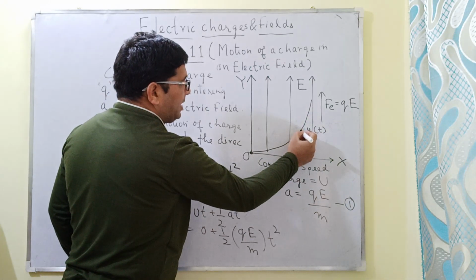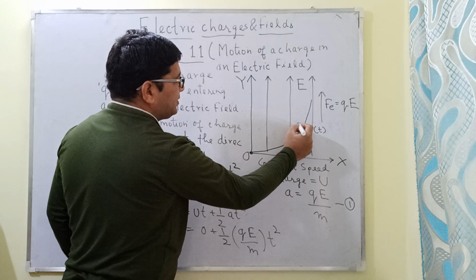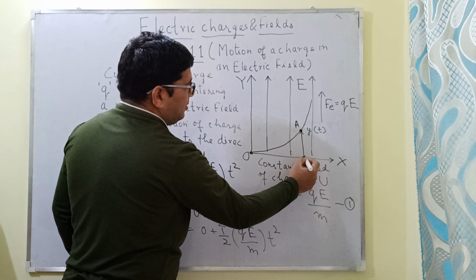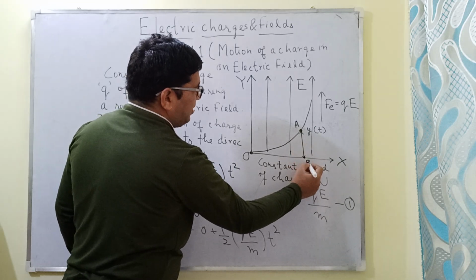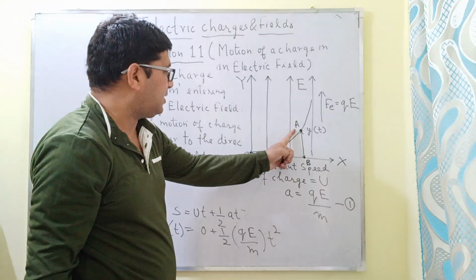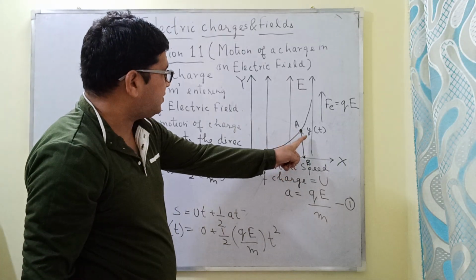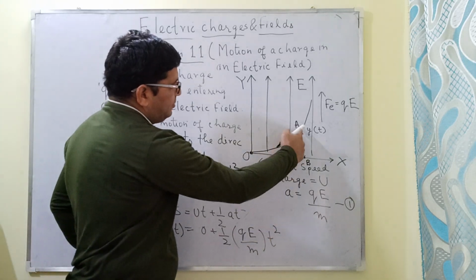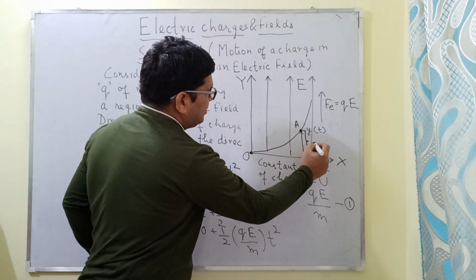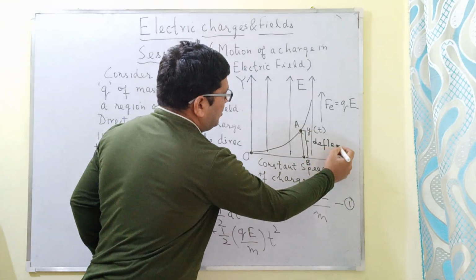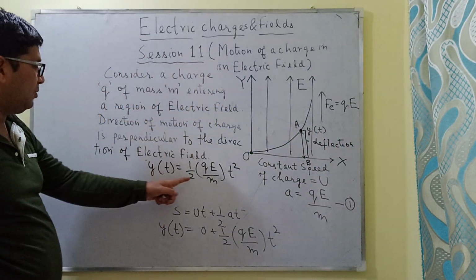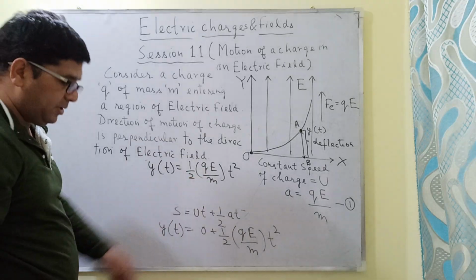That is, if this particle is at this position, let us say this is the position A, and I'm just mentioning this position as B. So let us say at any moment of time the particle is at a position A, and the deflection will be equal to this distance AB. This is the deflection, and it is given by this equation, that is, yt is equal to half QE divided by m into t square.